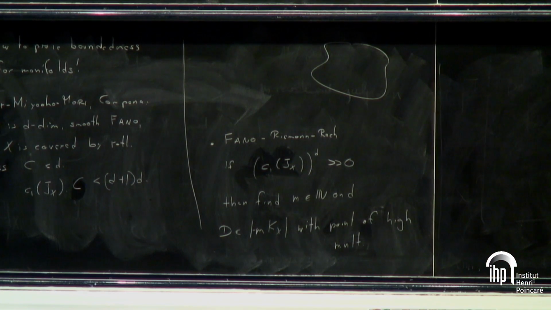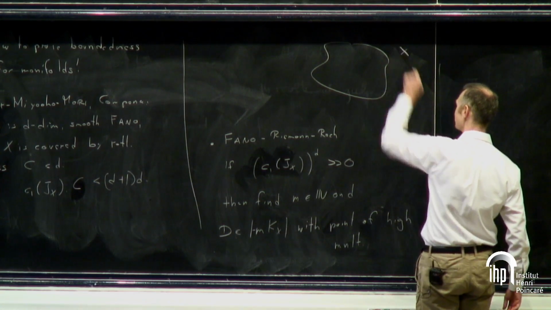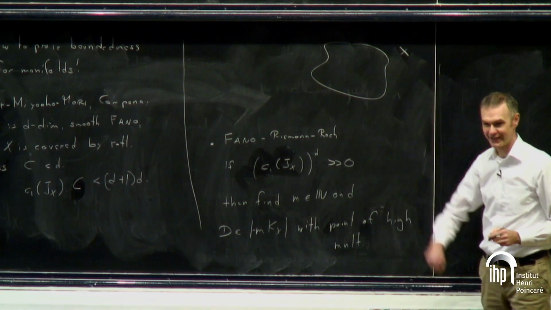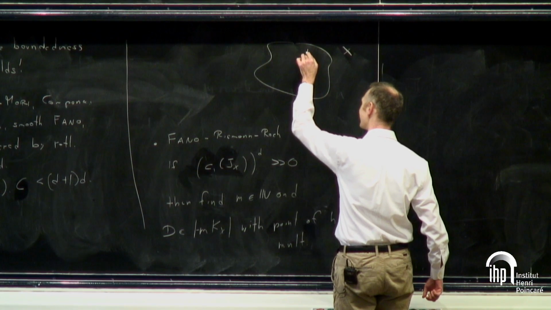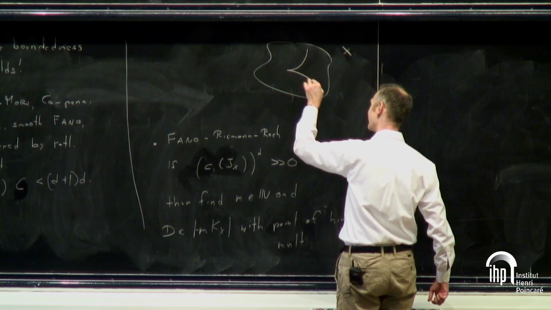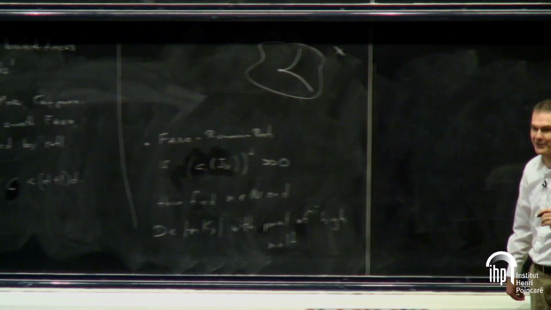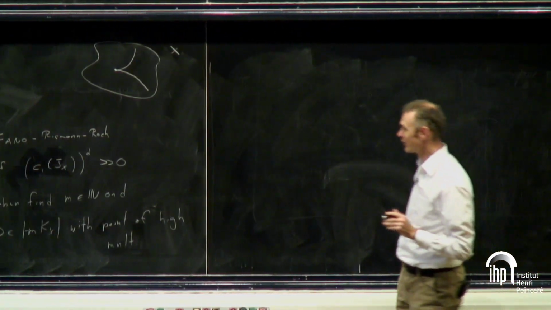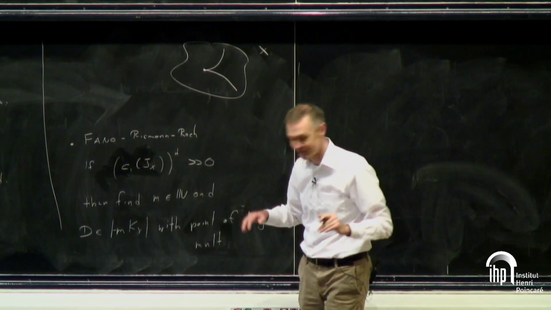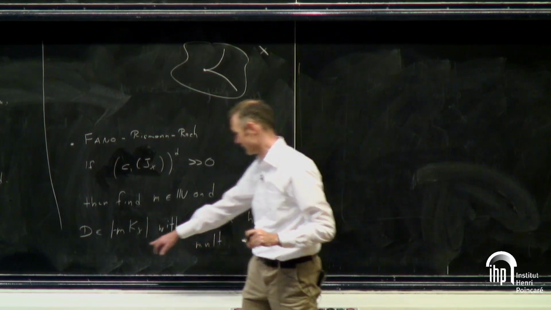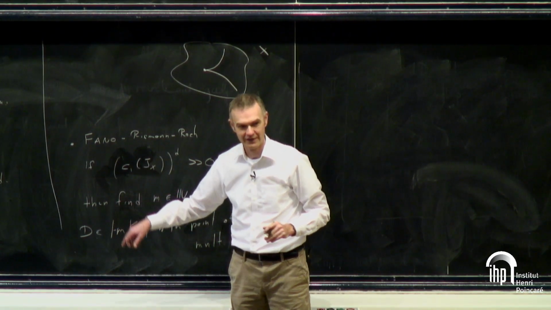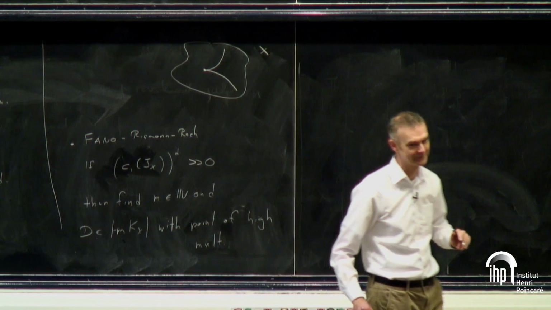This is now becoming a little technical, but let me just draw what's going on here. So here's our space X. Assume this is large, then I find a surface with a point of very high multiplicity. And this surface will be cohomologous to a certain power of the first Chern class of my space.